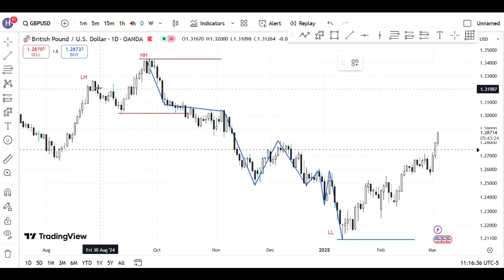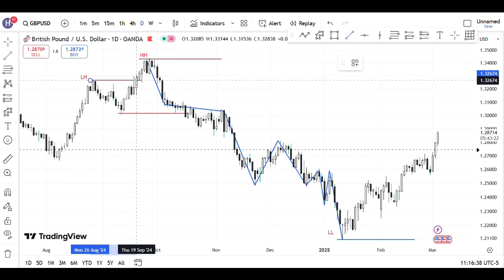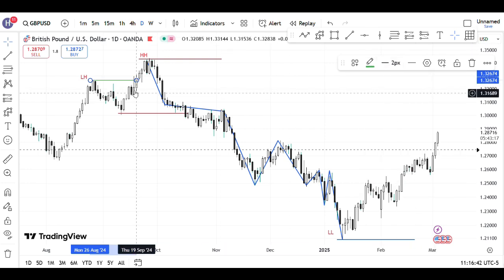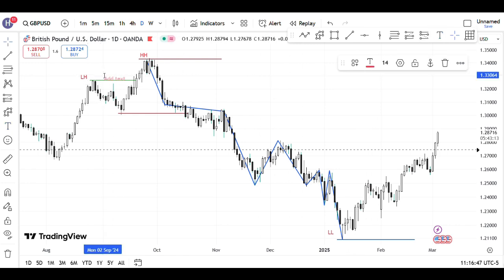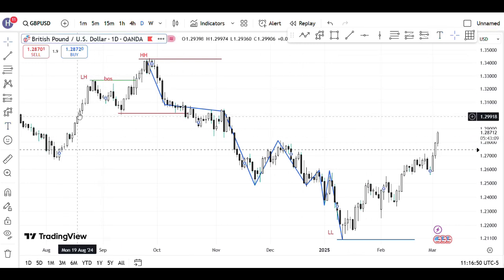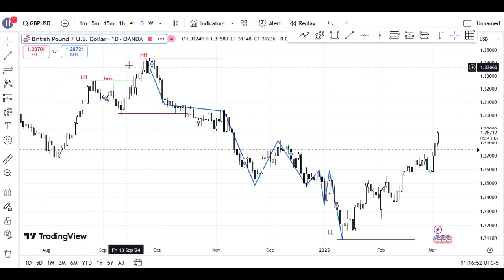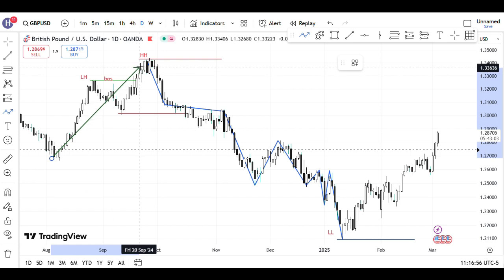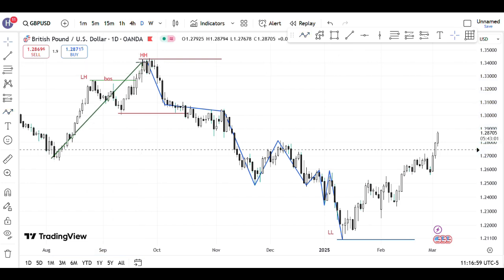So from here to here, there's a technical word called BOS, break of structure, but it goes to the same side. If it is going to the same side, we call it break of structure.